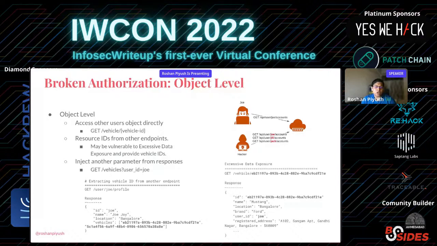If you know which API endpoints are serving these vehicle IDs, you'll be able to extract those. In one case, we could just look at the profile of the user, and that profile contained all the vehicle IDs the user has. So this becomes a really interesting way to extract information using excessive data exposure, and then use that to craft BOLA attacks.